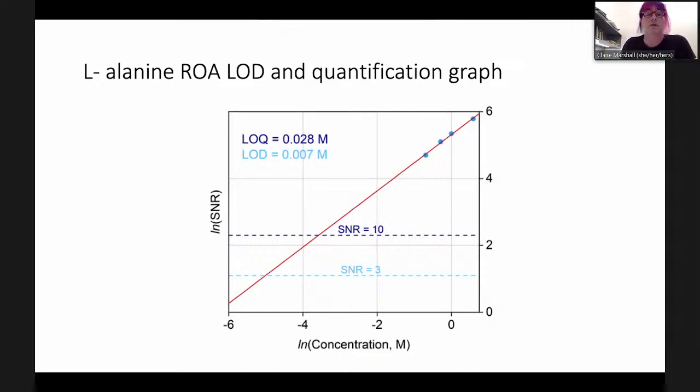So in terms of the current optical train or the current configuration for ROA technology, the limit of quantification is about 0.028 molar, which is not realistically in the nanomolar concentration that we might likely expect to see for amino acids on ocean worlds, or Lake Vostok down in the Antarctica.